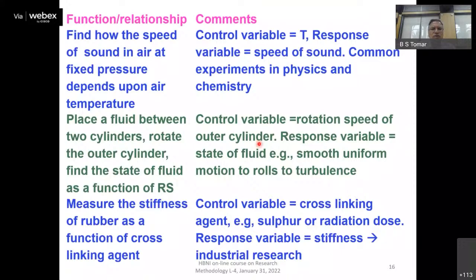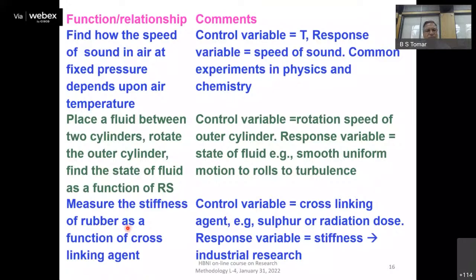So this is fluid mechanics. Our engineer friends will appreciate this kind of experiment one can do in the laboratory to generate the relationship between the rotational speed of the outer cylinder and the fluid situation.